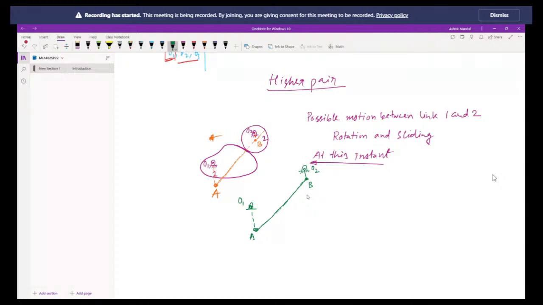So at this instant, the whole motion can be presented by this. So this is the instantaneous equivalent.